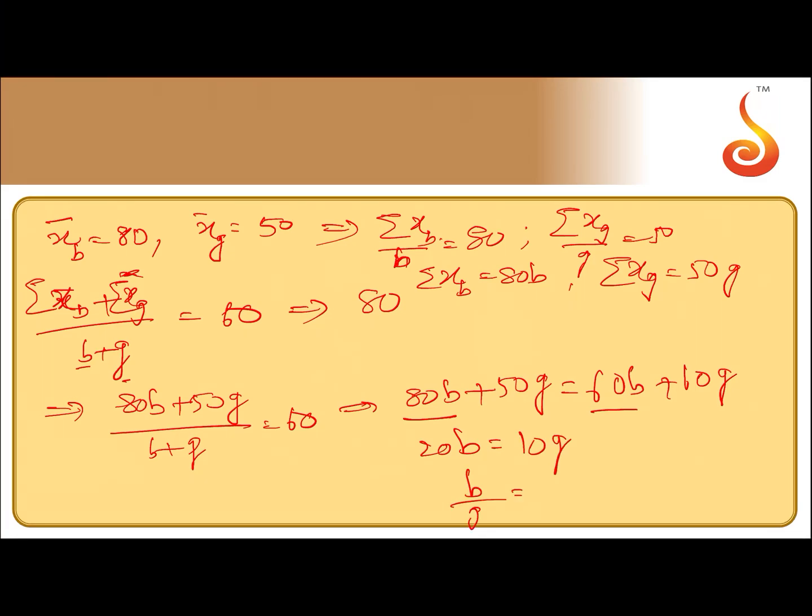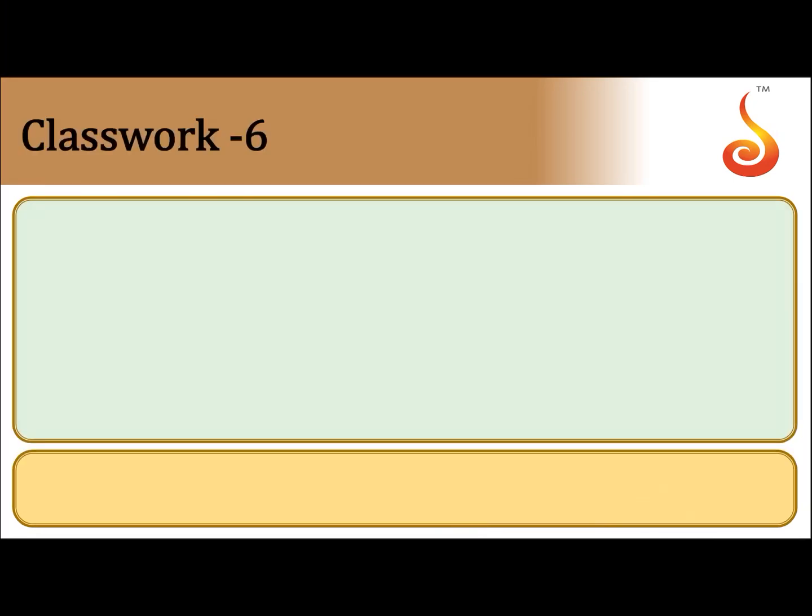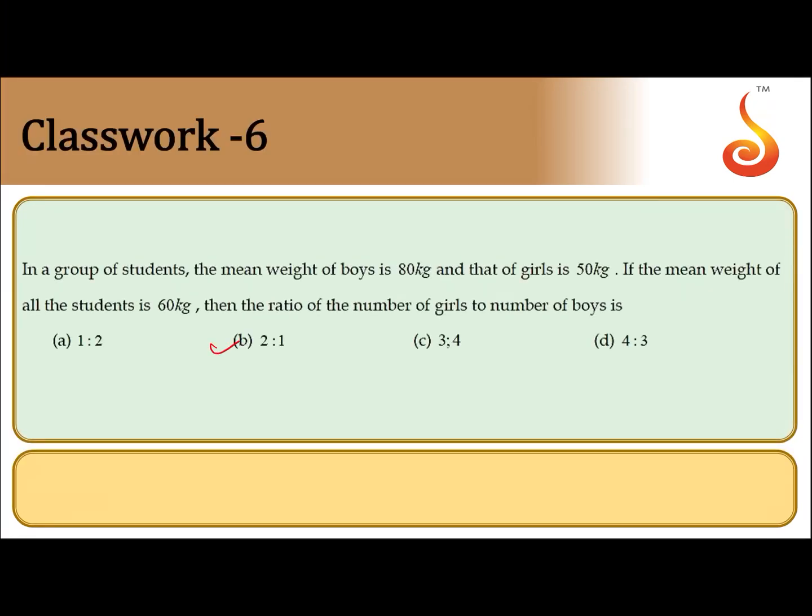Therefore g by b, the girls to boys, is equal to 2 divided by 1. The ratio is 2:1. The answer for the problem is 2:1.